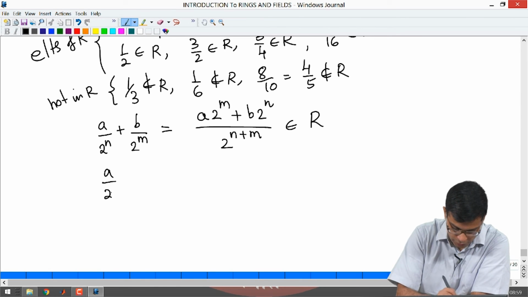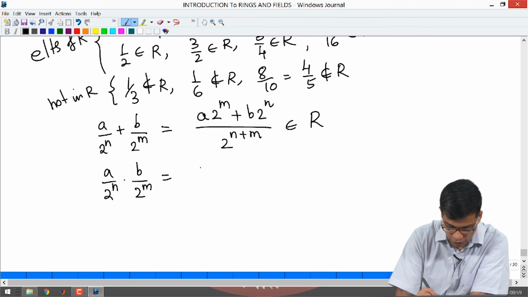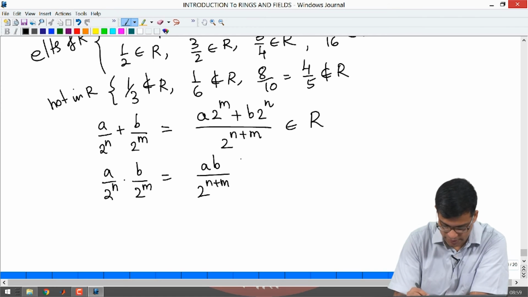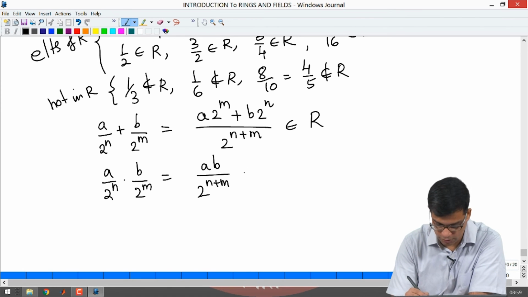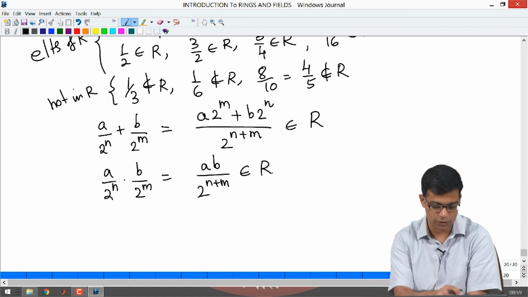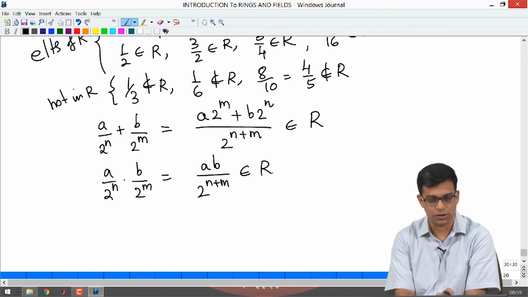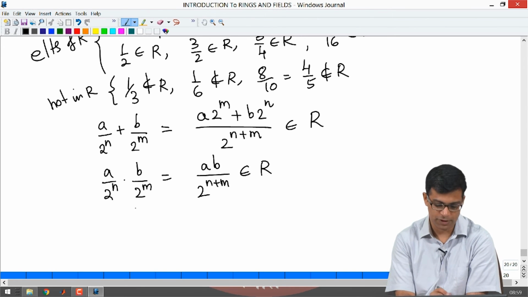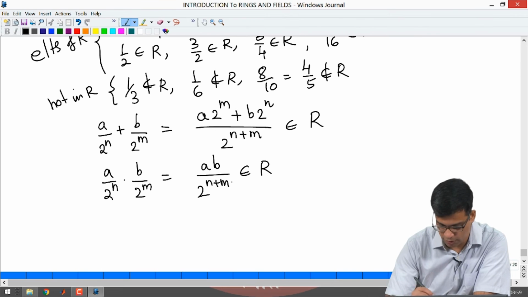Similarly, A by 2 power n times B by 2 power m will be AB over 2 power n plus m. In this case, it is actually in the simplest form, because A and B are odd, since these two are in simplest form. Anyway, that is not important.